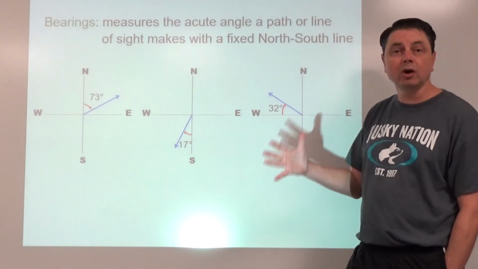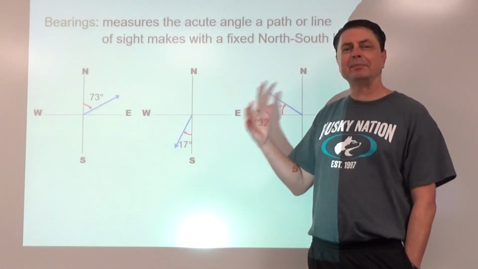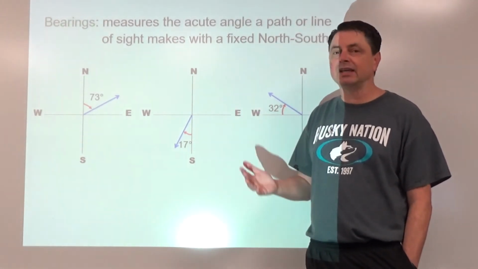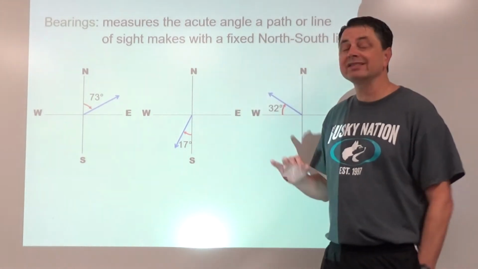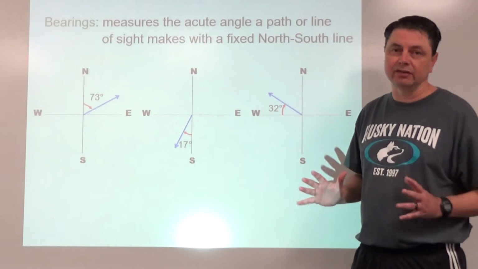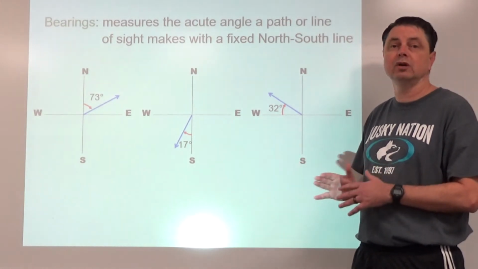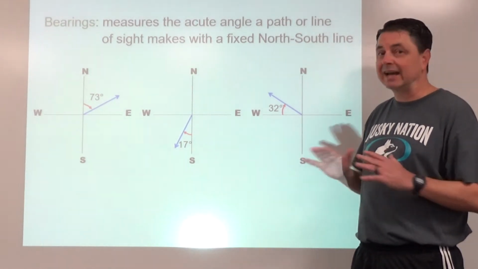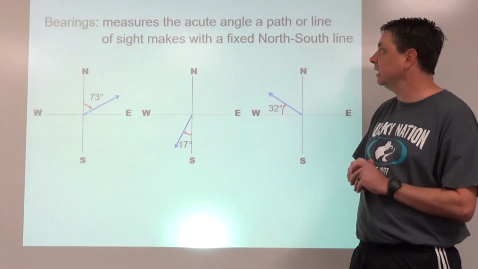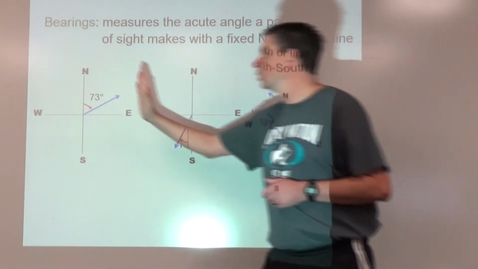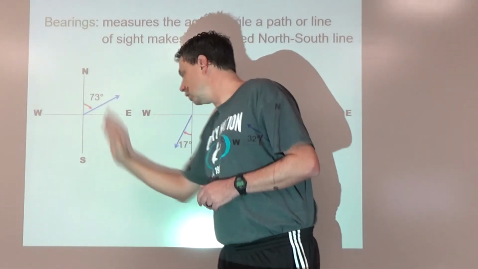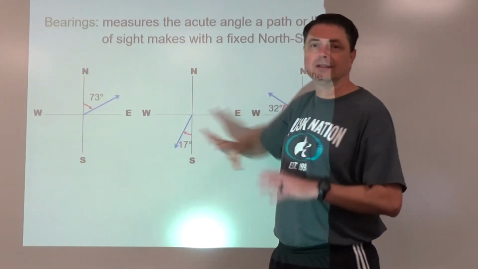All right, so another part of application, we're talking about directions and navigating. That's going to bring in bearings. And bearings can be measured in a lot of different ways, but our go-to conventional one, 95% of the time, is that we measure from a fixed north or south line. So our angle is always coming from north or from the south, and that's it.